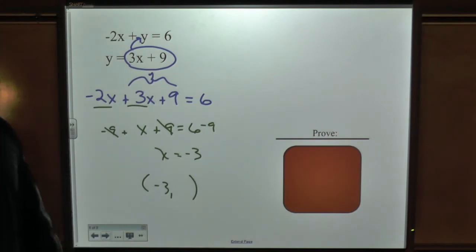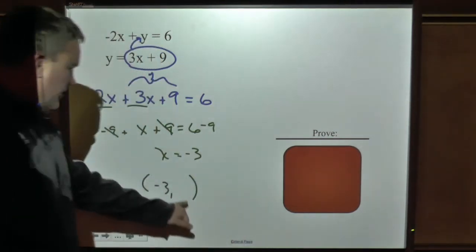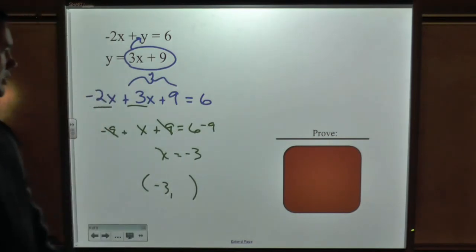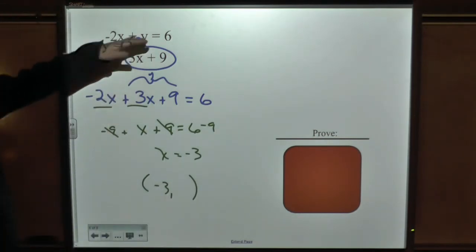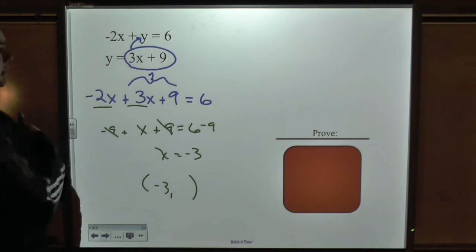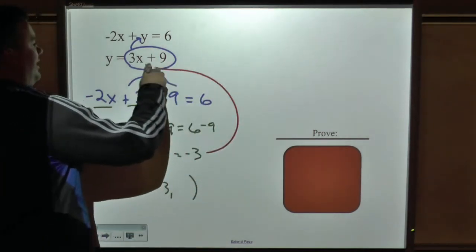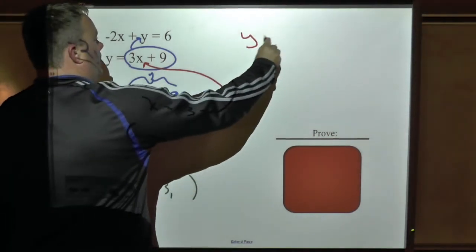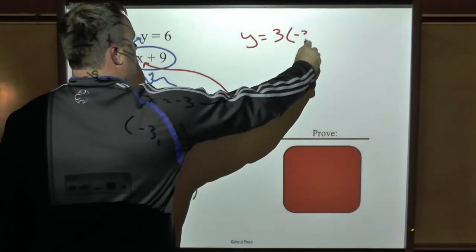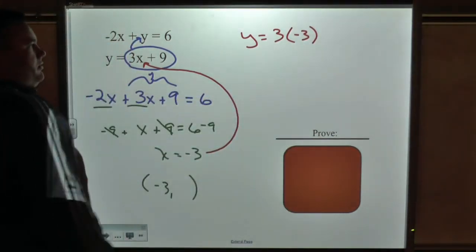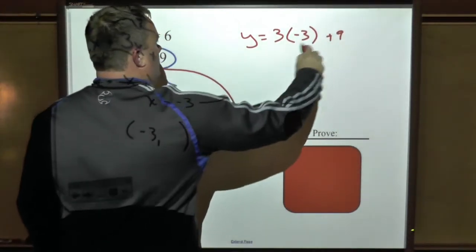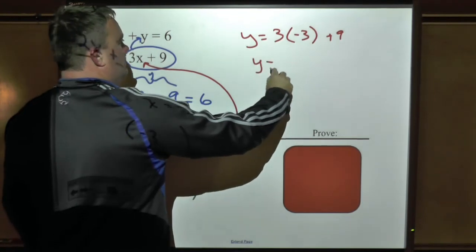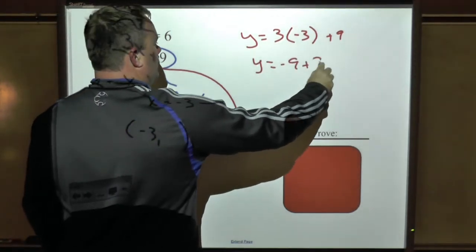And as what we did in the last problem, you still need to find the y-coordinate. Well, the way that we do that, again, pick an equation. It doesn't matter which one. If I were to choose, I would choose the second one. And instead of writing an x, I'm now going to write a negative 3. So y is equal to 3 times x, which is now negative 3, plus 9. 3 times negative 3 is negative 9.